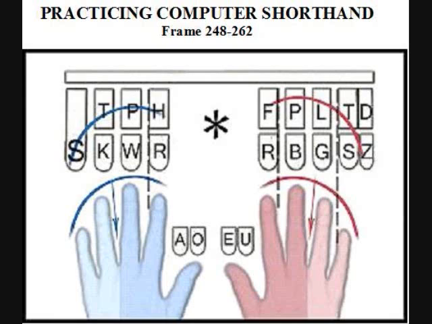Okay, frame 257 is will when it comes second in the phrase. I will. You will. He will. She will. It will.